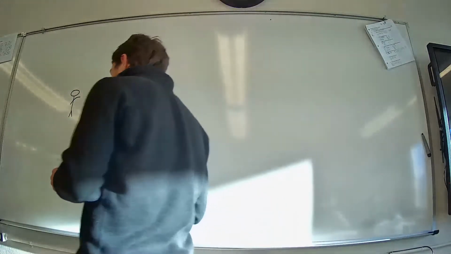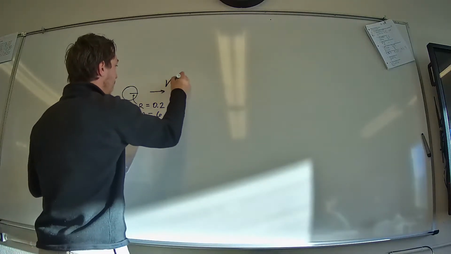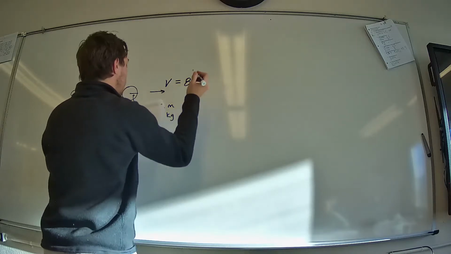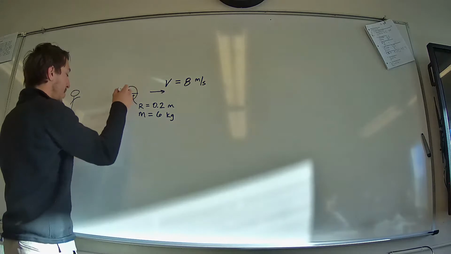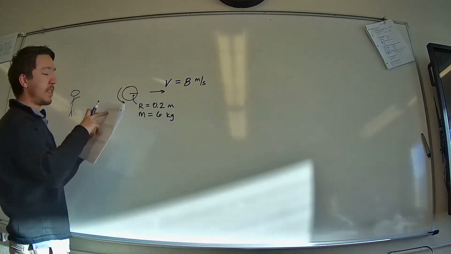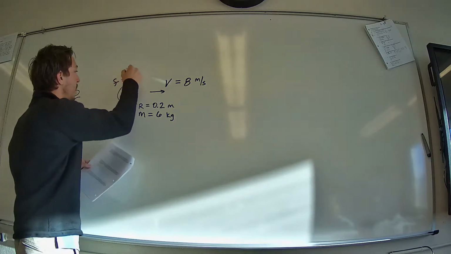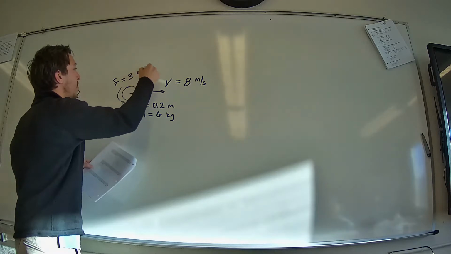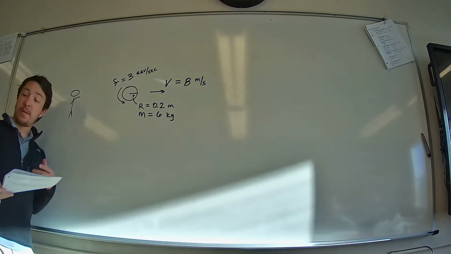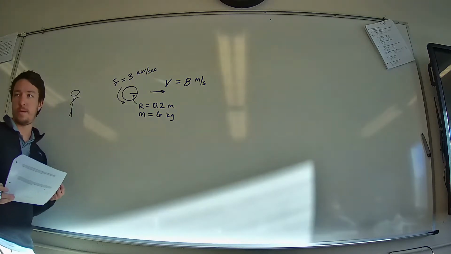So it's traveling with a linear speed of 8 meters per second, and it's also spinning at 3 revolutions per second. That's F, frequency. So the question's asking, with all this given information, what's the total kinetic energy?